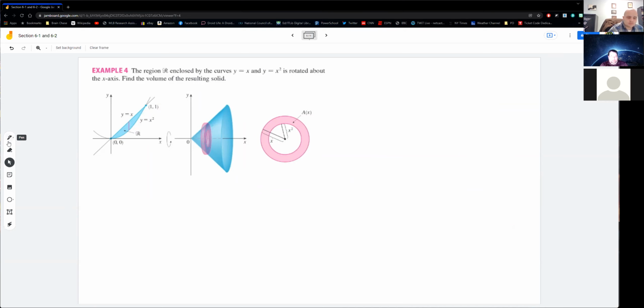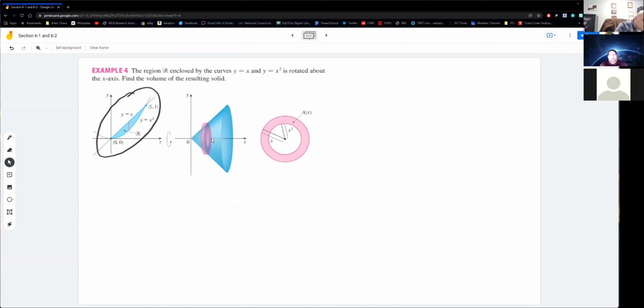So we're taking this little curve right there and going to rotate it around the x-axis. And that actually causes a hole in the middle of the shape. So when I'm looking for the volume, I don't want the volume of the whole thing. I only want the volume of the actual shape. So that hole's got to come out of it.